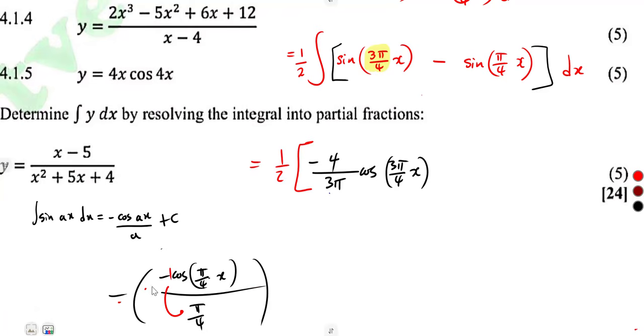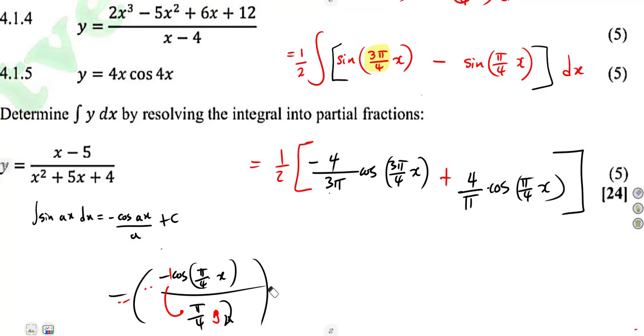But take note, minus minus, it's a positive. Then we need the reciprocal, interchange, so it's 4 over pi. The reciprocal, times the cos pi over 4x. All right, so this is it, just like that.